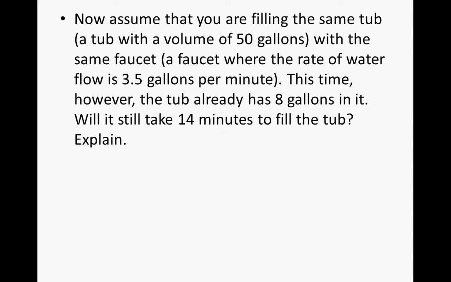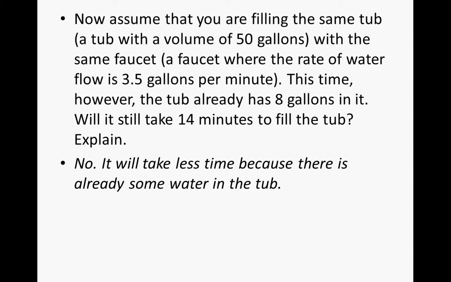Now assume that you are filling the same tub, a tub with a volume of 50 gallons, with the same faucet, a faucet where the rate of water flow is 3.5 gallons per minute. This time, however, the tub already has 8 gallons in it. Will it still take 14 minutes to fill the tub? No, it will take less time because there's already some water in the tub.